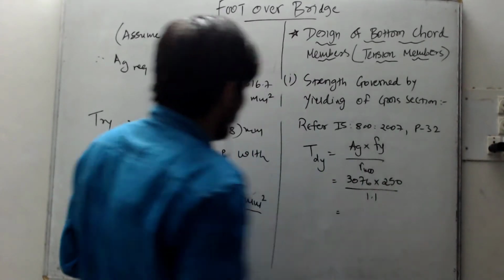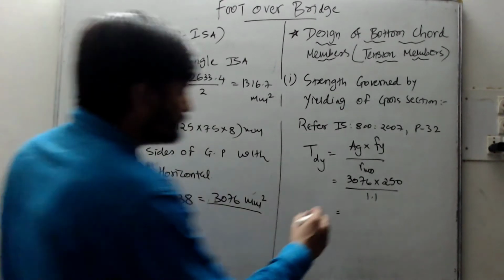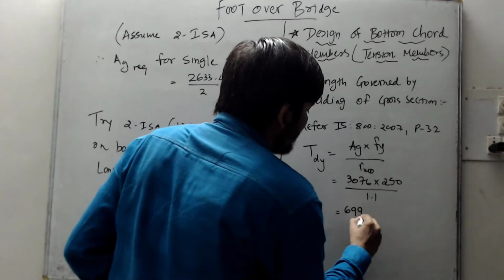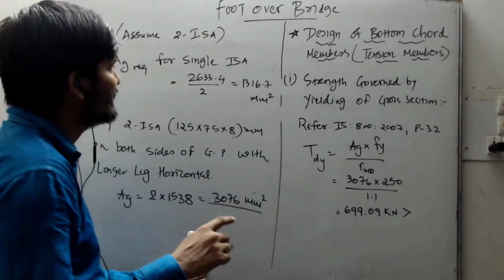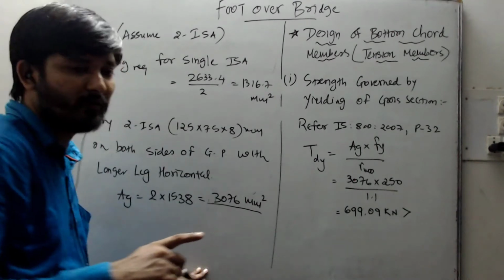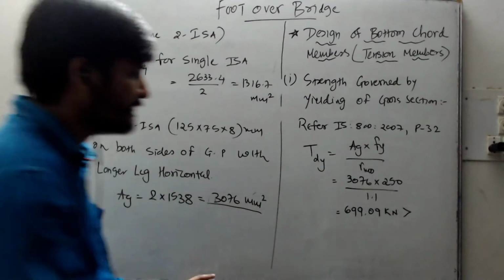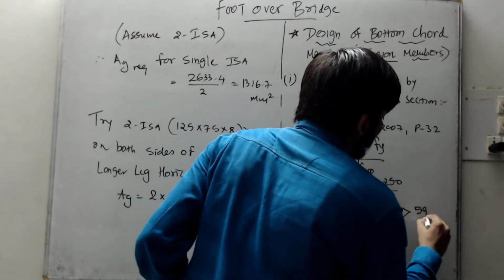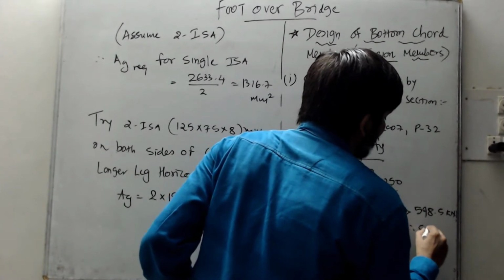So I'll get my TDG value as 699.09 kilonewton, which is greater than the actual tension that is coming. So how much force is coming? 598.5 kilonewton. Therefore, it is safe.